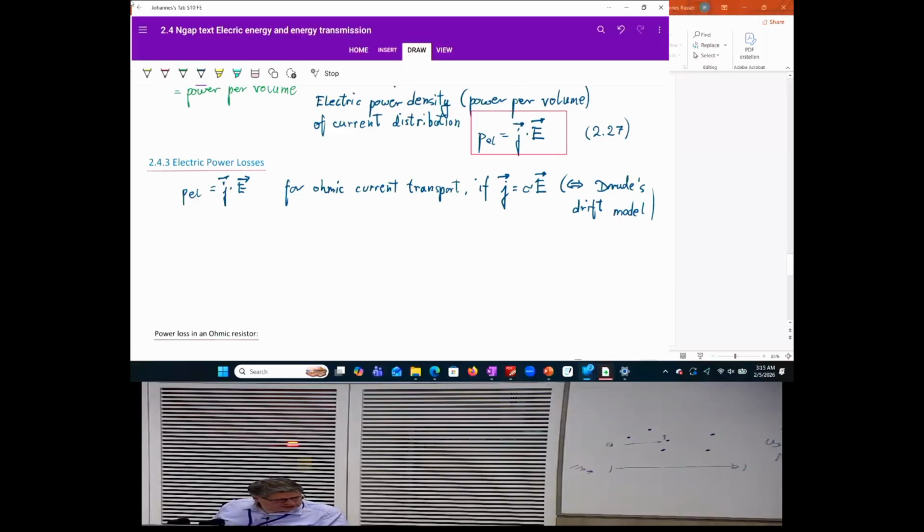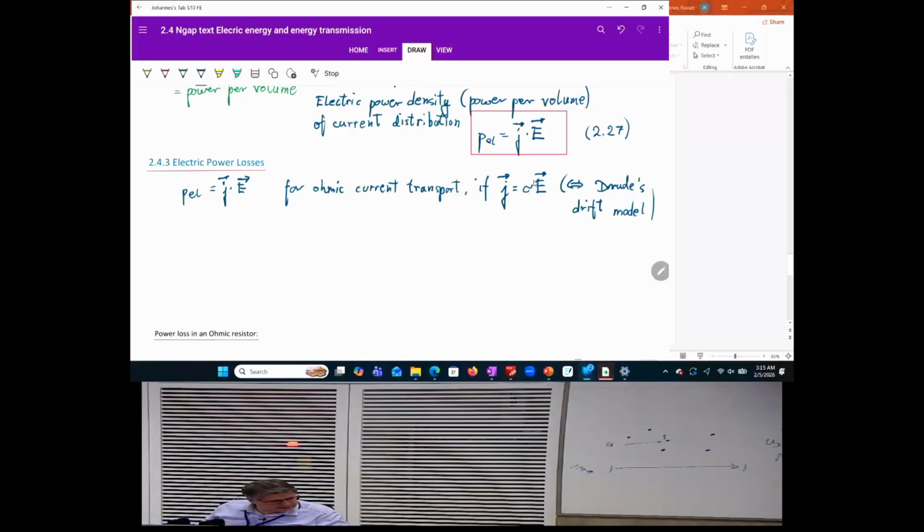We have the carriers accelerated by the electric field, but then there come these collisions, and we have to work with the mobility: the average velocity that these carriers obtain is proportional to the electric field, and this proportionality is given via the carrier mobility mu that we introduced. And then we also introduced in this model the conductivity.